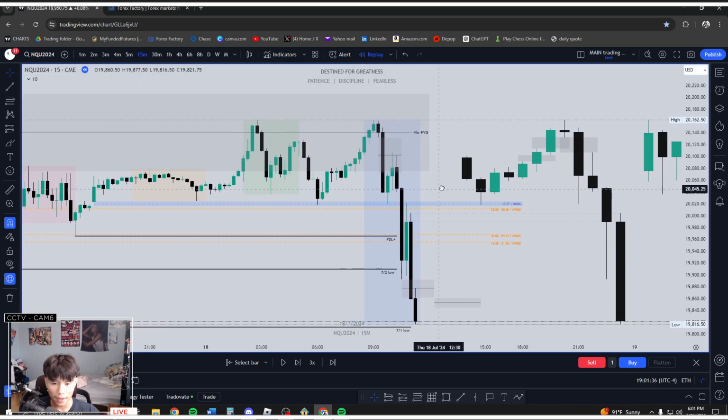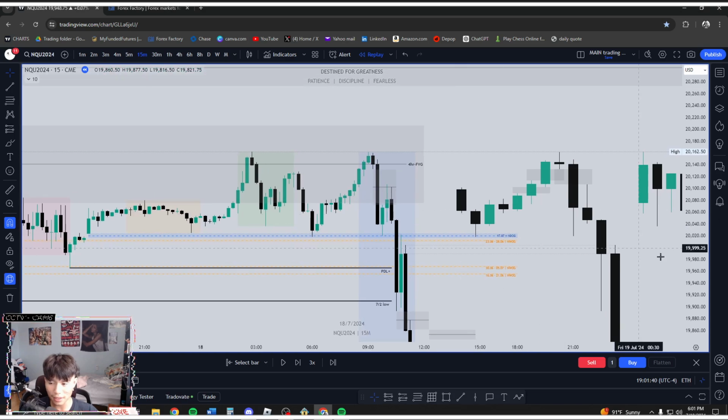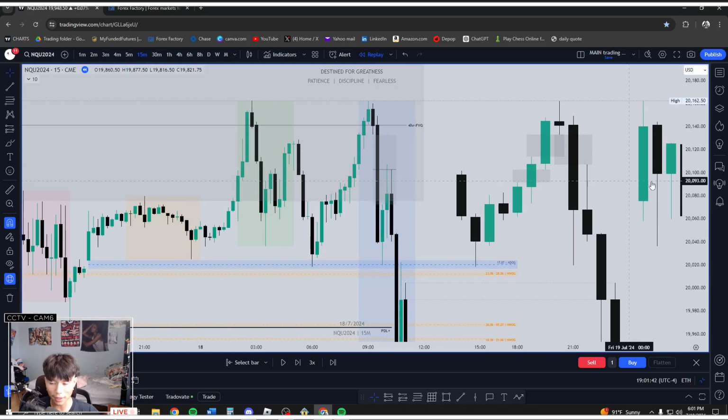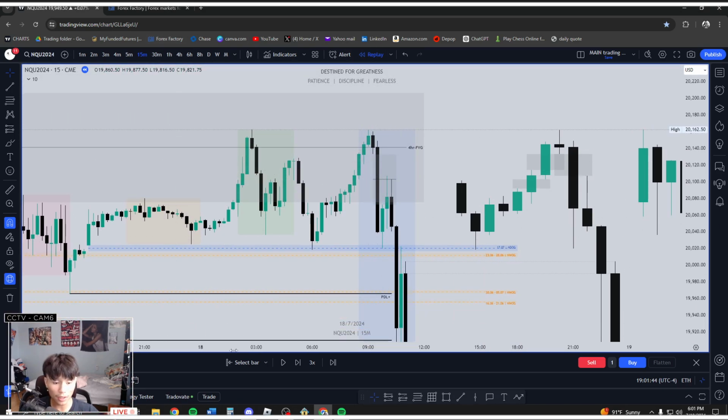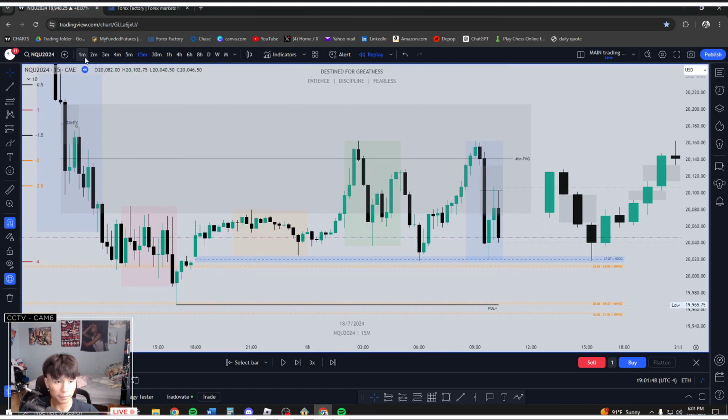And my entry pattern actually didn't occur. I wanted to see us trade away from this 15-minute fair value gap, correct? And on the lower time frames, provide me an entry to target that 15-minute low.